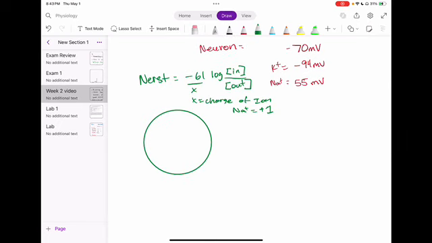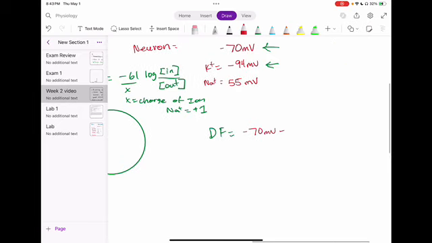One thing I'm also going to consider is driving force. Driving force is a separation between the actual and what is desired. If we were to calculate driving force, we take this negative 70 millivolts and subtract the negative 94 millivolts.